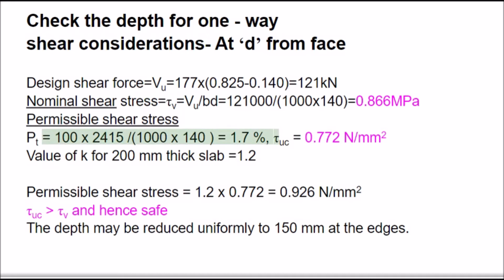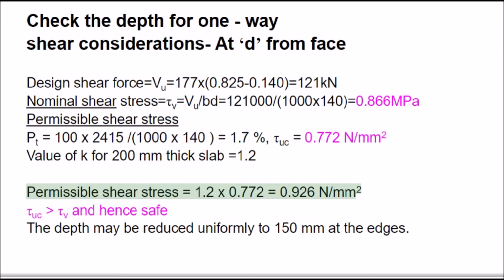Permissible shear stress: pt equals 100 x 2415/(1000 x 140) equals 1.7%, tau c equals 0.772 N/mm2. Value of k for 200 mm thick slab equals 1.2.